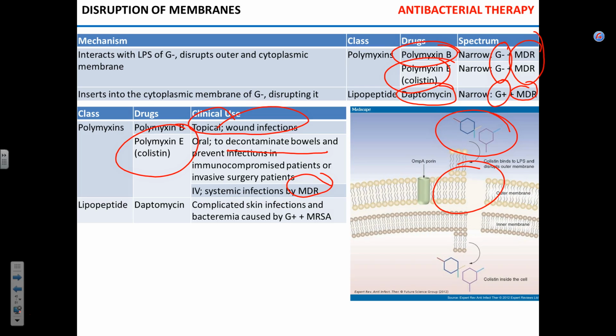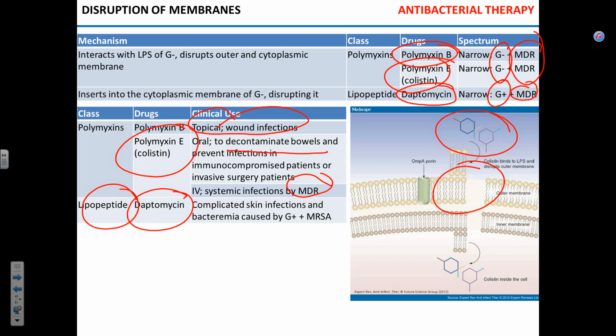Daptomycin is a very interesting antimicrobial. I'm not going to ask you about the little intricate details, but what it does is absolutely amazing. It's a lipopeptide, so it's part lipid, part peptide.